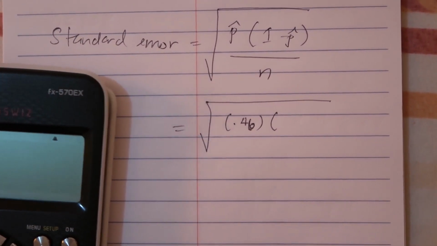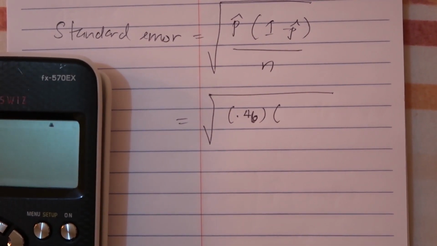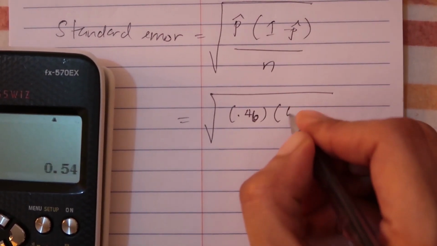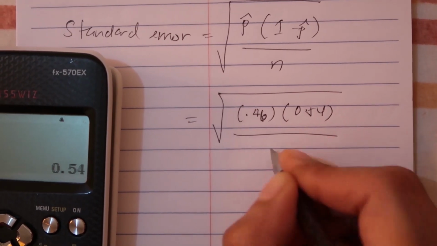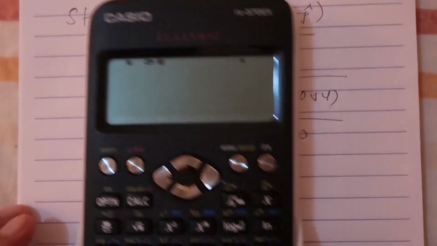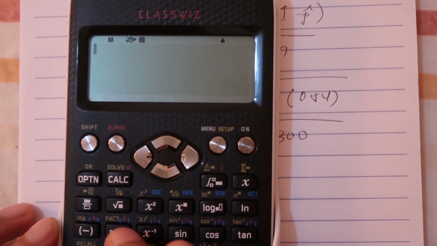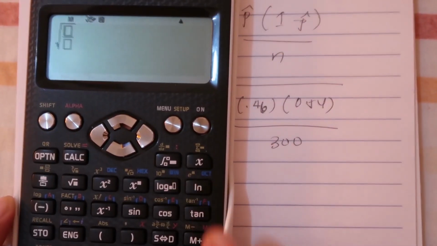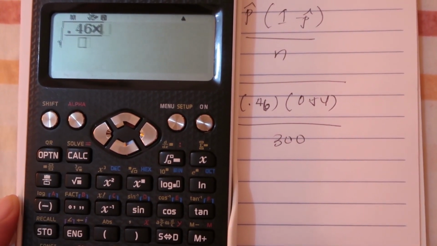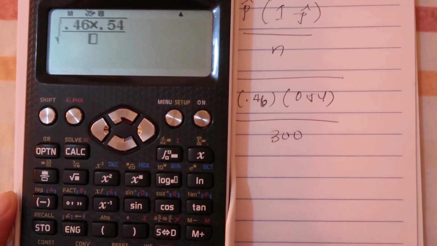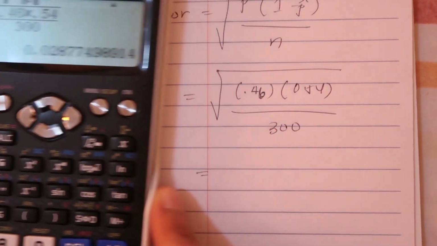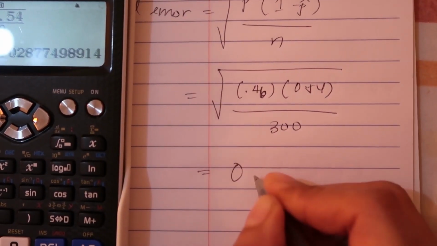And then your 1 minus p hat, that will be 1 minus 0.46, so that will be 0.54, over 300. So to determine the standard error, that will be the square root of 0.46 multiplied by 0.54 divided by 300. So your standard error is 0.03.